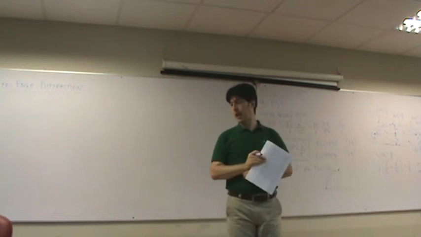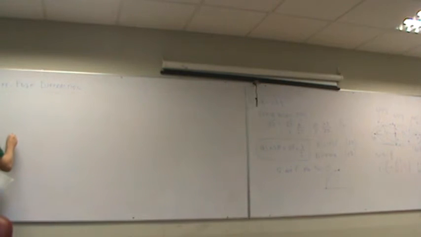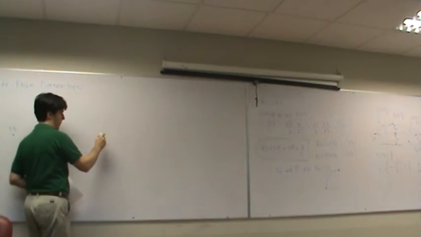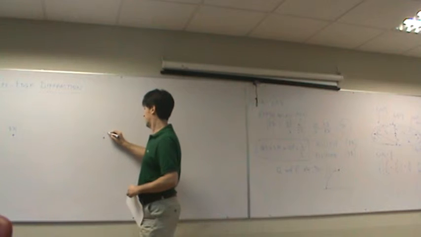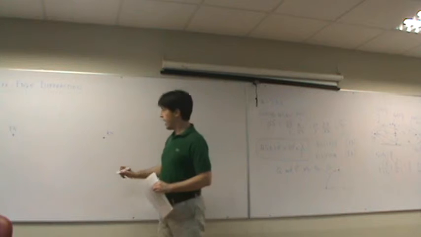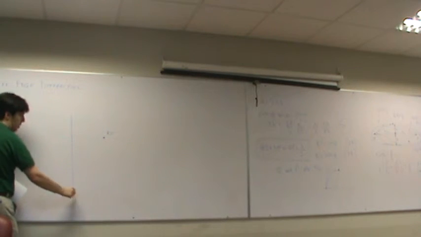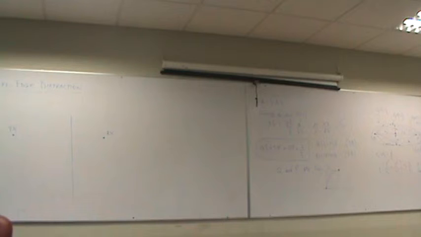Okay, knife edge diffraction is something that we find in this kind of situation. You have a transmitter. You have a receiver, and somewhere along the path you have an obstacle that is very thin, very sharp.